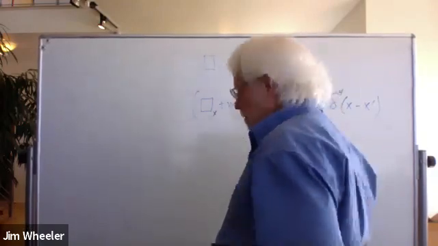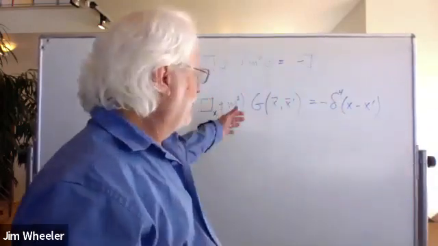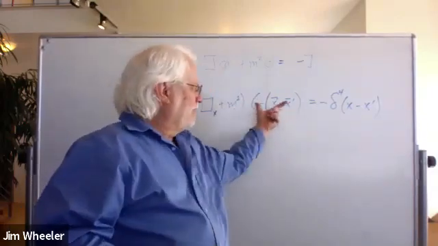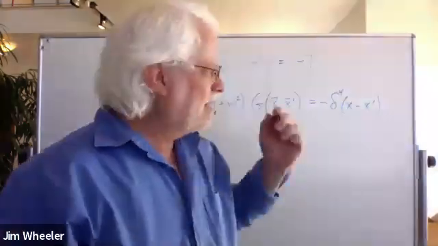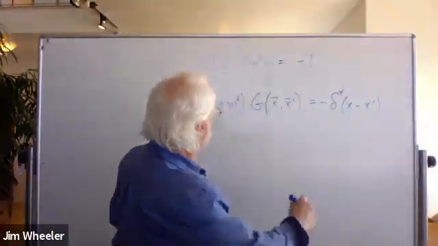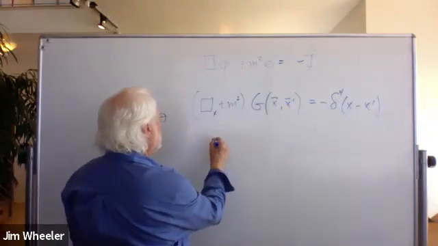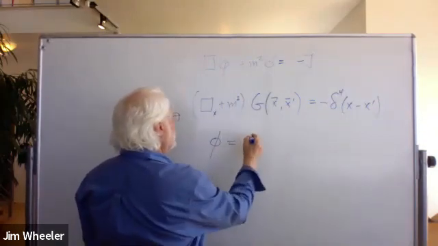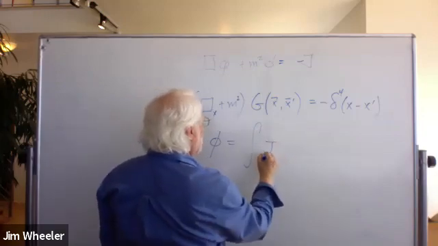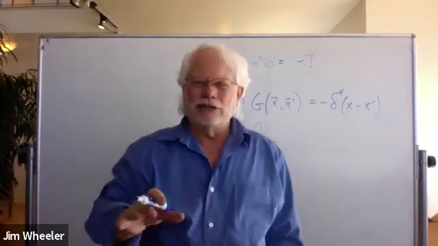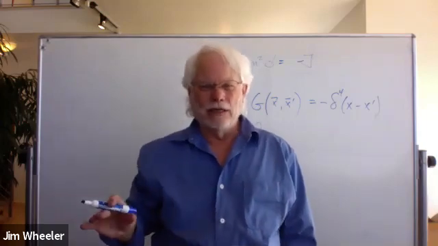Okay, so suppose we can solve that equation. This is called a Green function. If we can find such a function, then we can solve the problem. Basically, a solution phi is given by integrating, right? All we're doing here is taking a linear superposition.